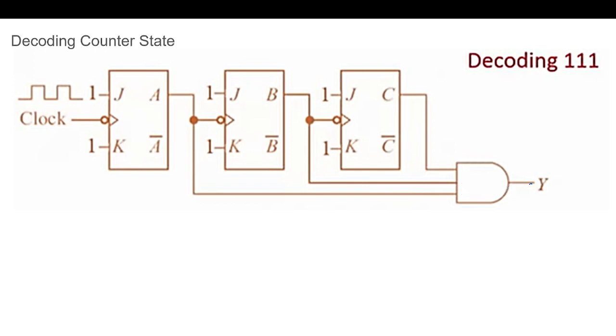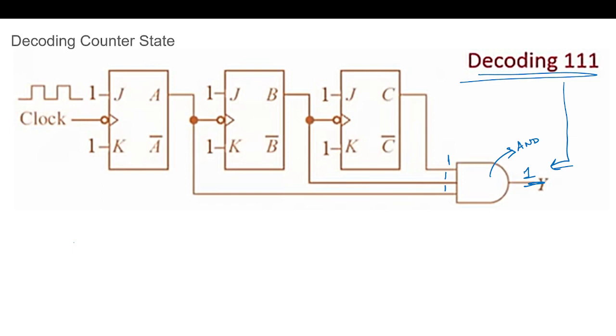Based on this, we are having an output Y. So now, if we are saying decoding is 1 1 1, this output will be 1 if all the three inputs are 1, because this is an AND gate. So this is decoding triple 1. So on every eighth clock cycle, Y will be 1.